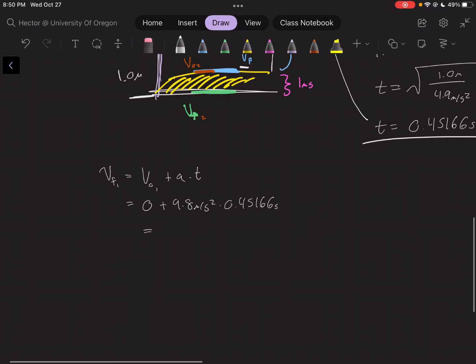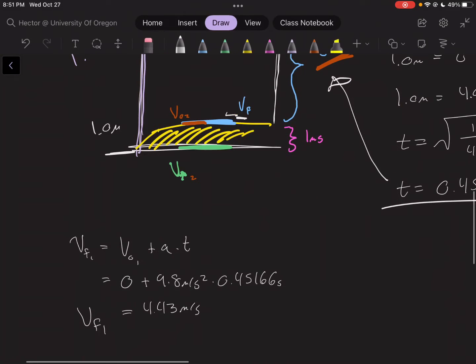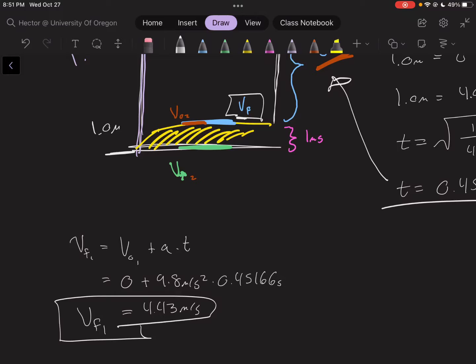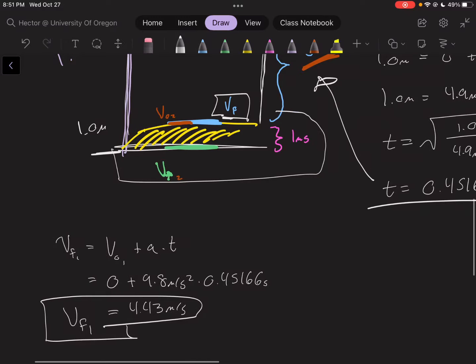That comes out to be 4.43 meters a second. So this velocity, when the 1 millisecond starts, is exactly that fast. Now we can focus on this second part, the 1 millisecond chunk of our scenario, and figure out: if my initial velocity is 4.43 meters a second, how quickly does it decelerate to get to 0?